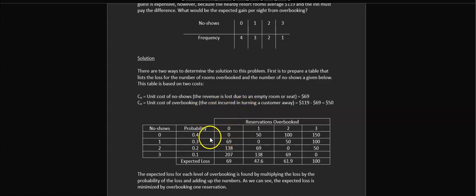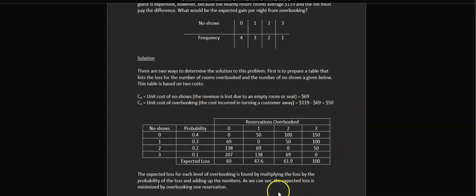So there's a 40% probability of zero, a 30% probability of losing $69, a 20% probability of losing $138, and a 10% probability of losing $207. You take each of these numbers, multiply it times its respective probability, and add it up, and your expected total loss is $69 if you overbook 0 rooms and just basically lose the cost of empty rooms.